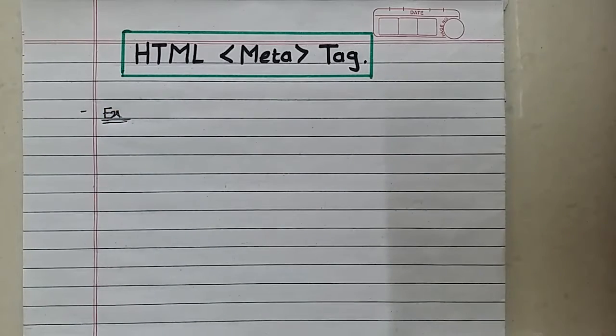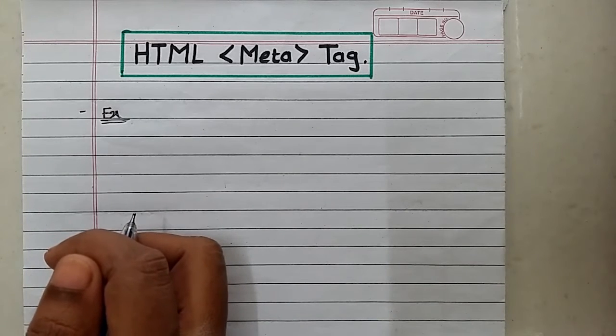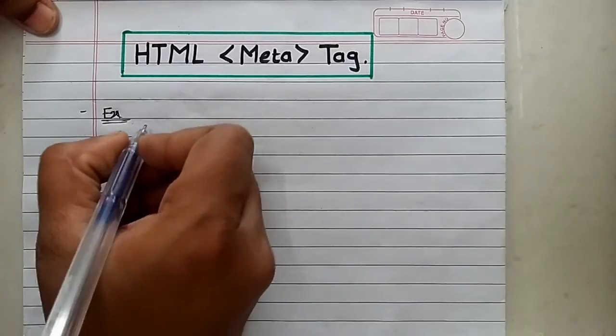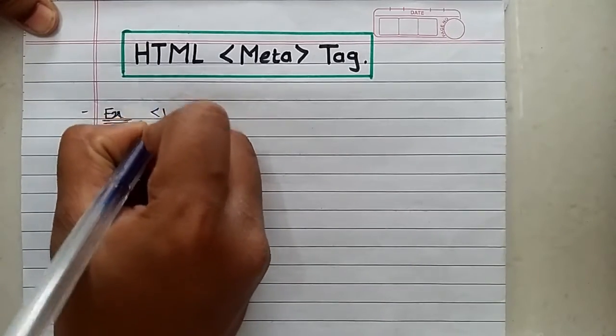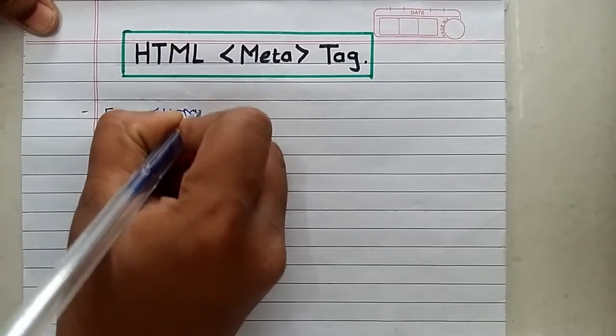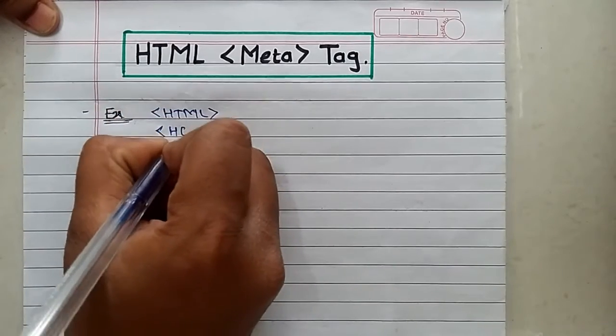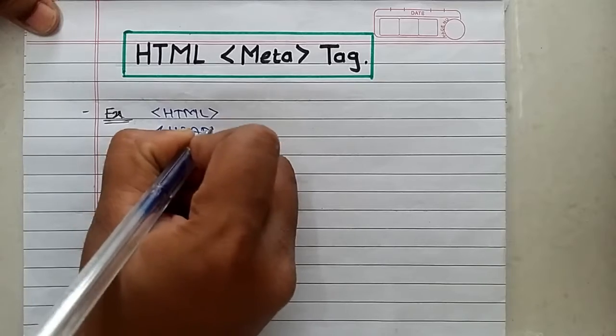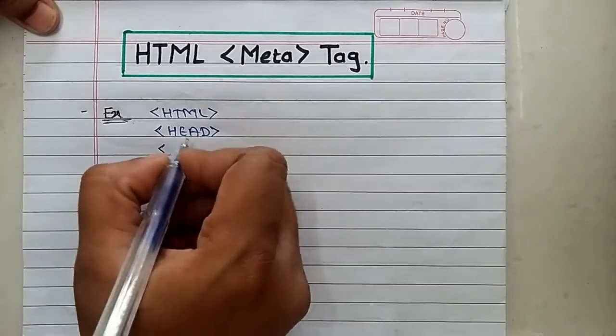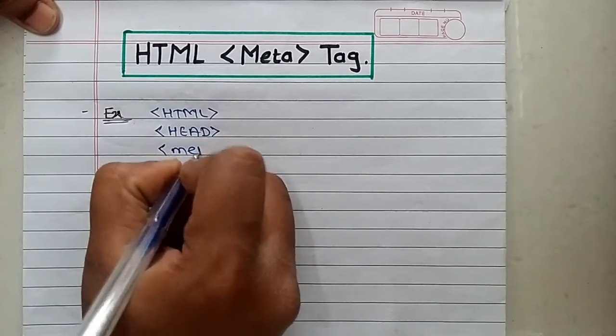First of all, tell me, in which section is the meta tag written? That is definitely the head section. So HTML, then the HTML tag, after that head, then write here what? Meta tag, meta.